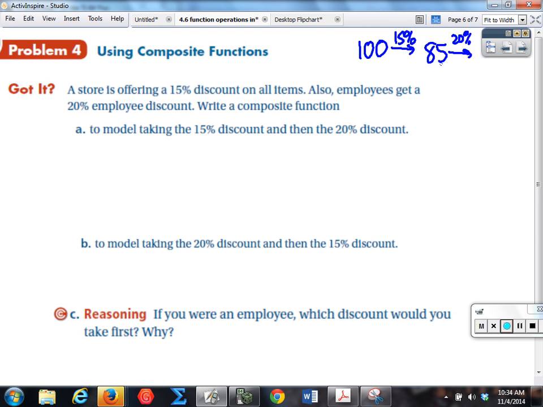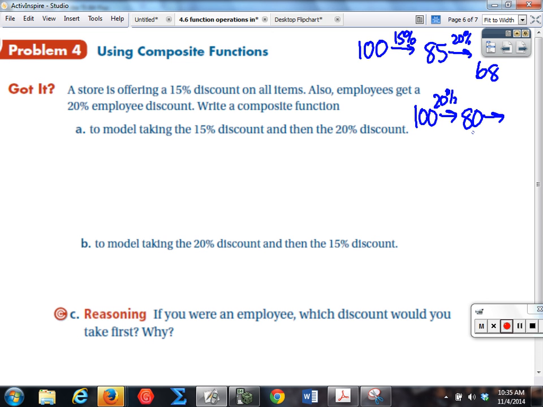But if you do the 20%, then the 15%, what's 20% off? 80. And then 15% off. What's 15% of 80? 12. Oh, so then you already subtracted it? So remember, to find 15%, like if you ever go out and you want to give your waitress a 15% tip, find 10%.